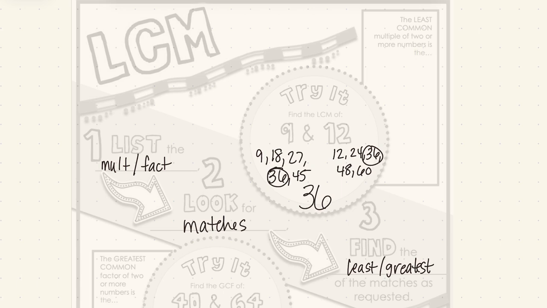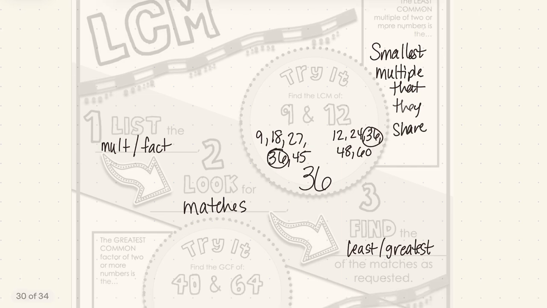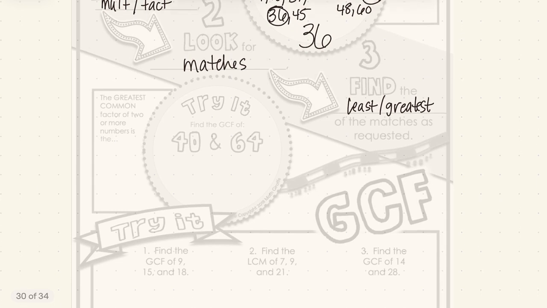So the least common multiple of 2 or more numbers is the smallest multiple that they share. Okay, so that's how we find the least common multiple.